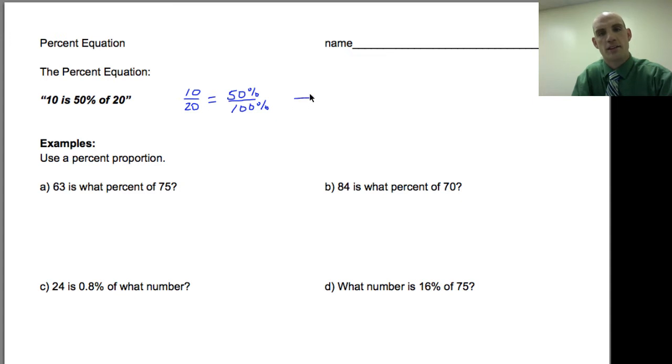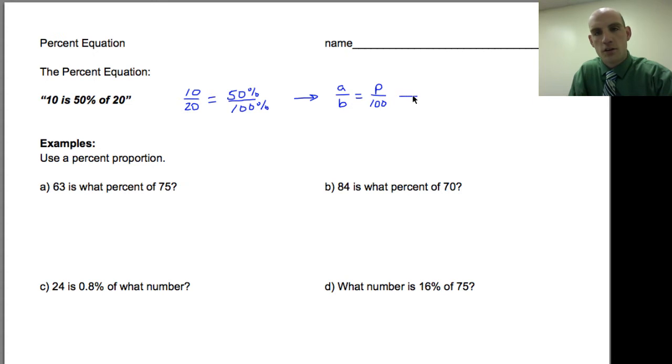If I abstract this, I get A over B is equal to the percent out of 100. And I can solve that like a normal proportion, whether I'm using the cross products method or a similar method of comparing these fractions. Really, that's what I end up with.